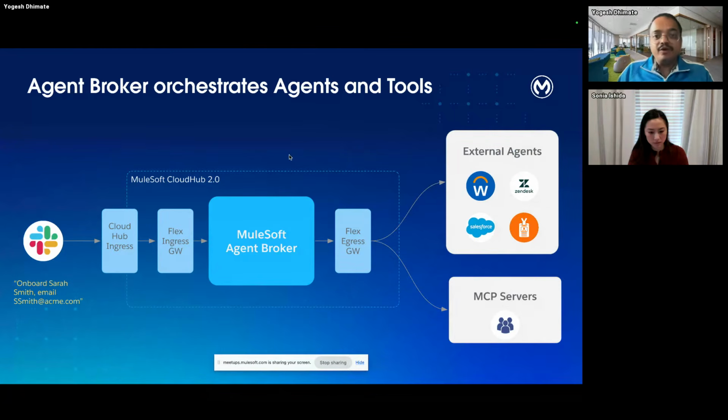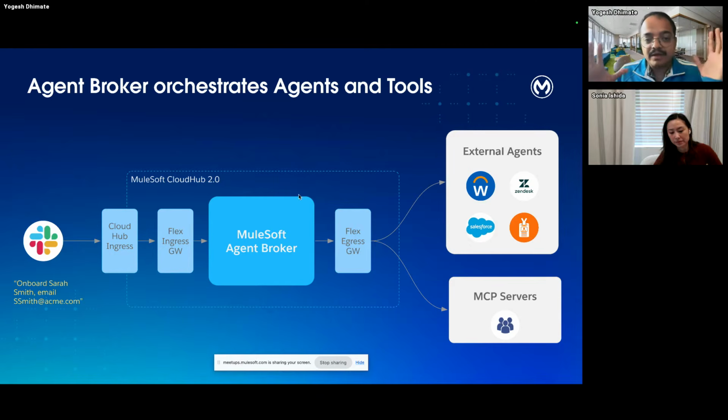And before we jump into Anypoint Code Builder, I want to paint this picture of how orchestration really works, right? So MuleSoft Agent Broker is similar to a regular Mule app that is packaged, or rather contained, in your Flex Ingress gateway as well as Flex Egress gateway, and deployed in CloudHub 2.0.